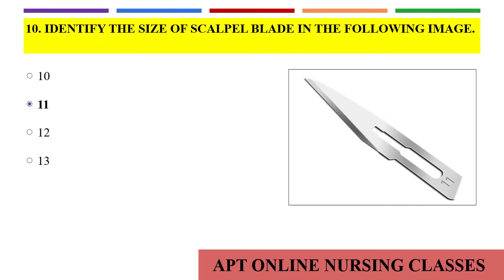The next question, question number 10, says, identify the size of the scalpel blade in the following image. In the image we can see a blade and we have to identify its number.